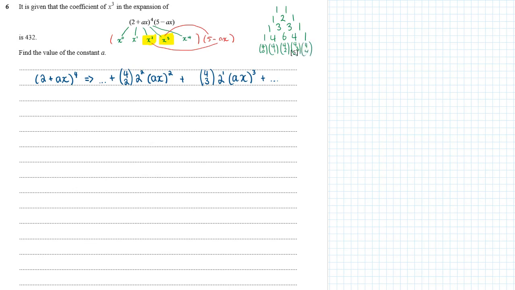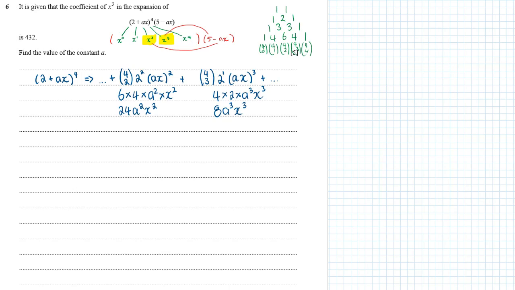So just reading from there, 4c2 is 6. And we will have 6 times 2 squared is 4 times a squared times x squared. And for our other term, 4c3, we can see that it's going to be 4 times 2 times a cubed times x cubed. Simplifying, 24a squared x squared, 8a cubed x cubed.